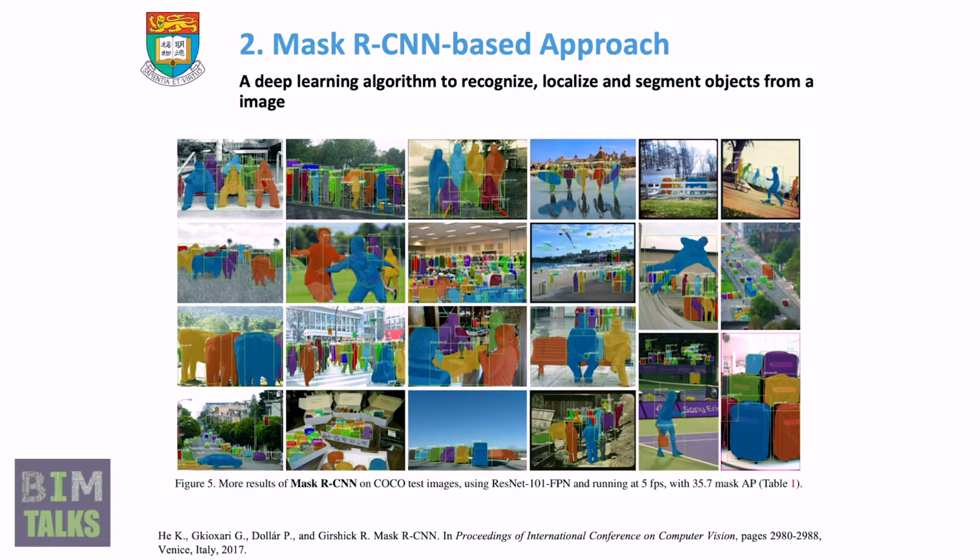What this algorithm can do is, when we input the images, it can classify what these are. So there are people, maybe luggage, rackets, et cetera. It can also localize where they are, and it can also segment these objects.